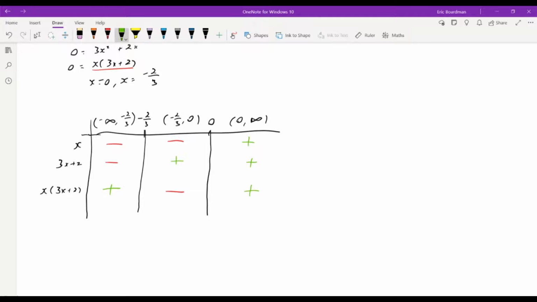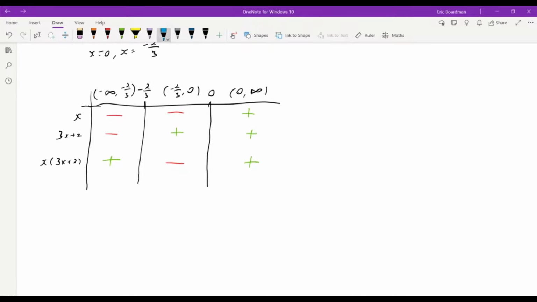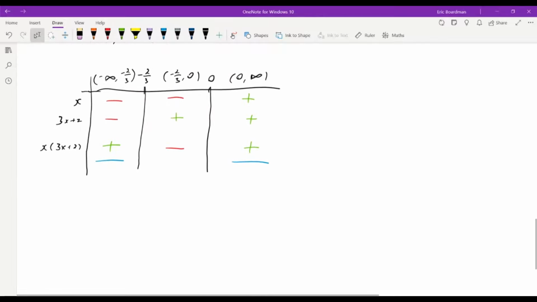So we can say that it's concave up wherever it's positive. So right there and there, which is -infinity to -2/3 and 0 to infinity. All right. There's a lot more questions now, so I'll go to the next one.